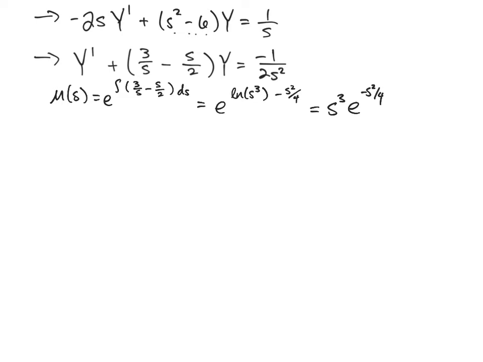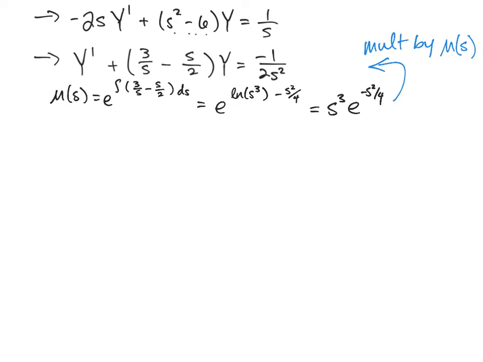That's our integrating factor. So now we're going to do our trick of taking our first order equation and multiplying it by mu of s, and then the left hand side of the differential equation we can write as a single derivative.